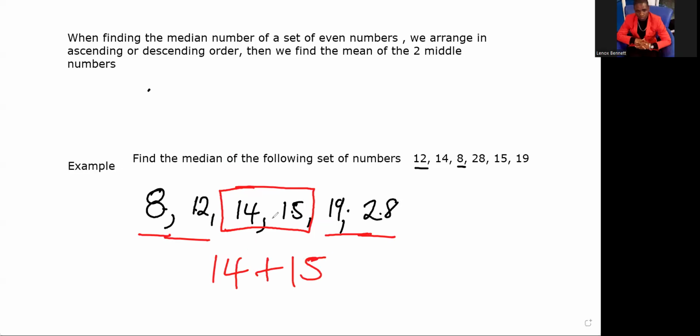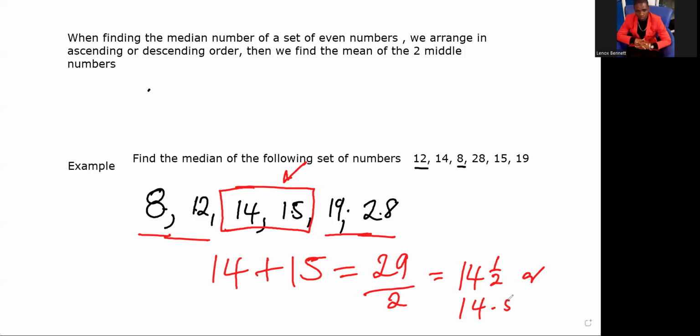All right. So we find the mean, but it's only 2 numbers, just like what Orlando says. When you add them, we divide by 2, and it's always going to be 2 numbers. And of course, 2 into 29 goes 14 times and a half, or if you want to put decimal, 14.5. A few persons might think it's 14.1, but guess what?